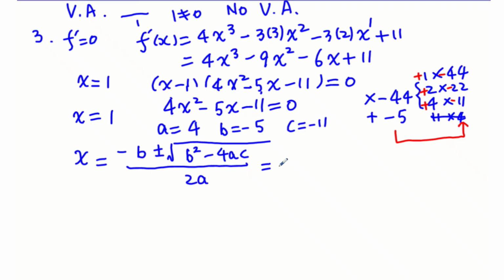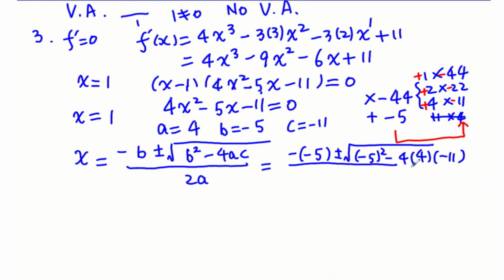Then substitute in the values: negative b is 5, plus or minus the square root of negative 5 squared minus 4 times a is 4, c is negative 11, then all over 2 times a. So get your calculator out, then find the x values for the zeros.